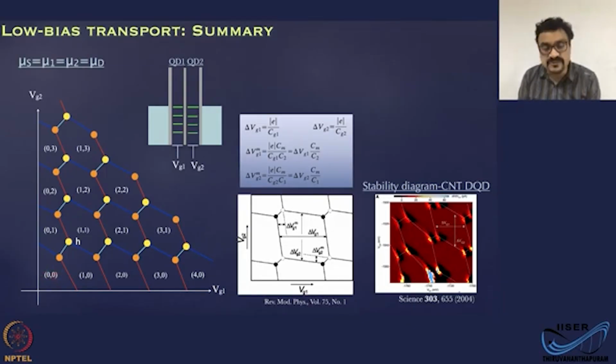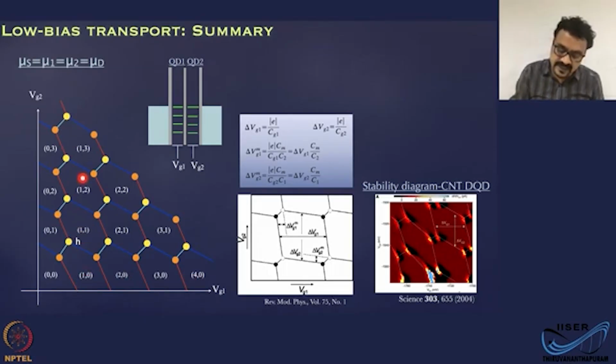When it is 0, 0, there are no excess electrons on either of the dots. When you go towards the positive x direction, that is when you increase VG1, you are pulling the levels of dot 1, and dot 1 will get more and more electrons pulled in. We can see 1 0, 2 0, 3 0, 4 0, and so on.